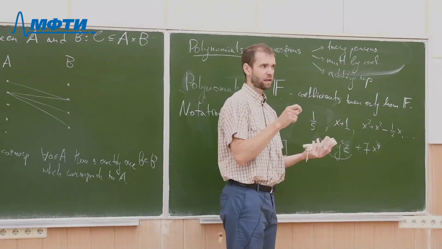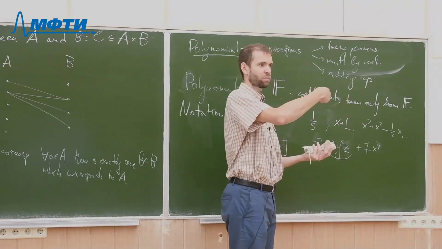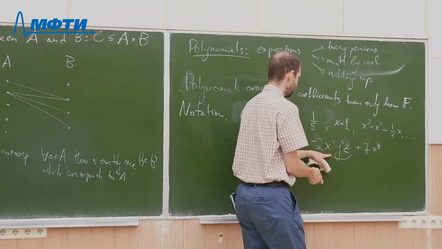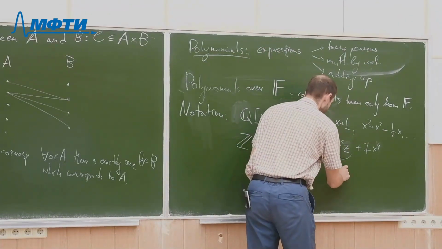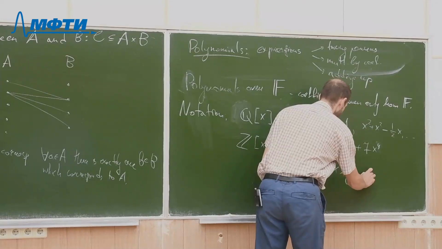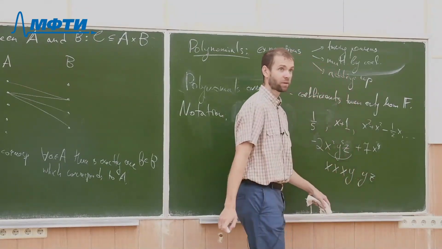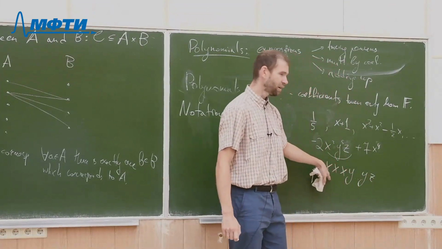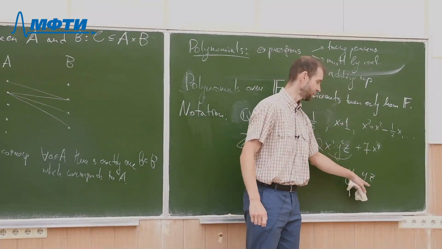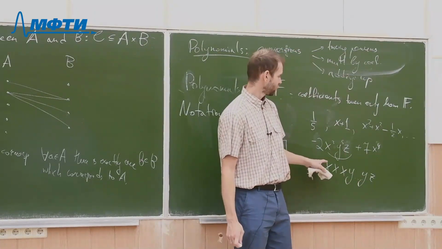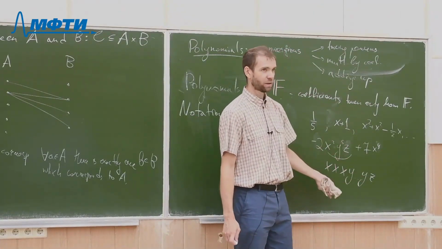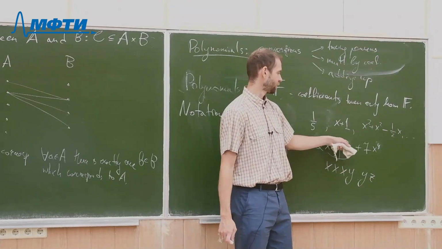A power is basically a product where all the terms are equal, right? So you can write this down as x times x times x times y times y times y times z. So the total number of variables in this product will be 9, right? So the total degree of this monomial is 9, the sum of powers of these variables in it.